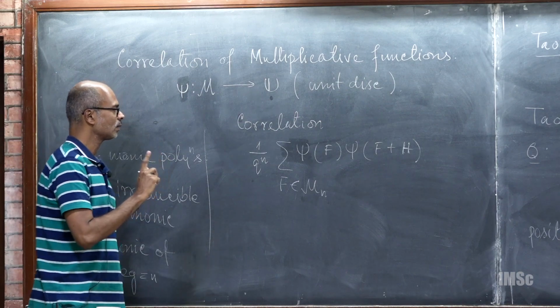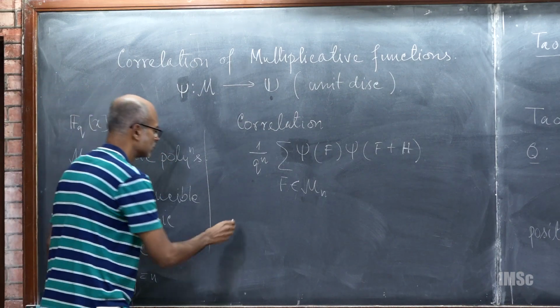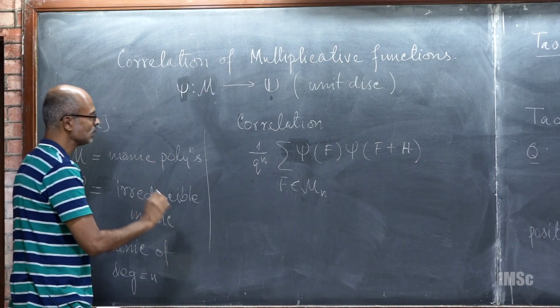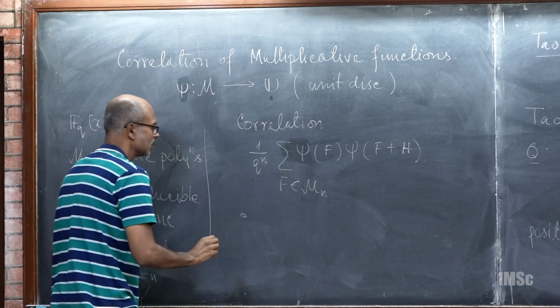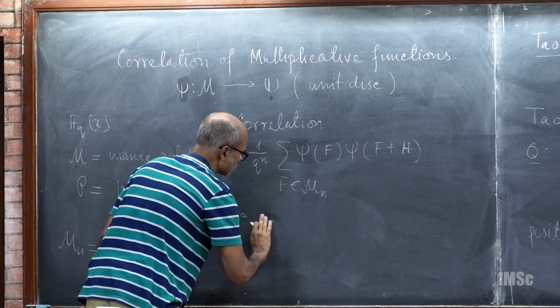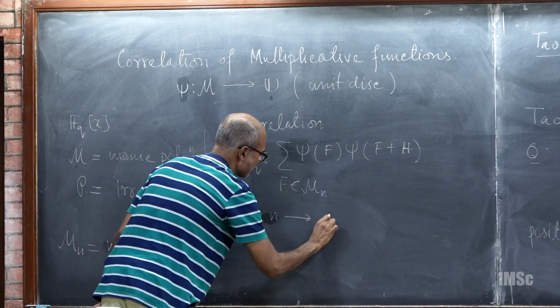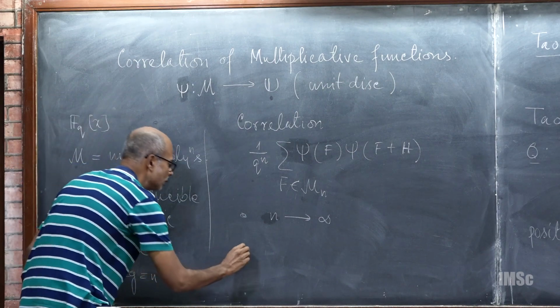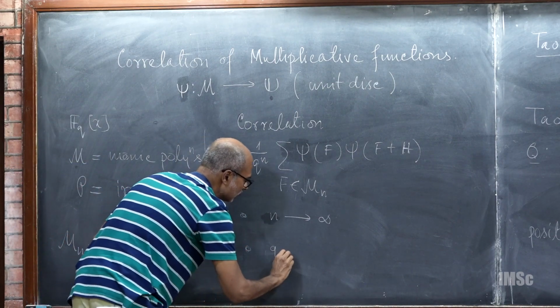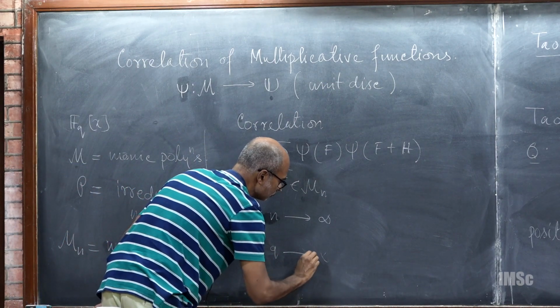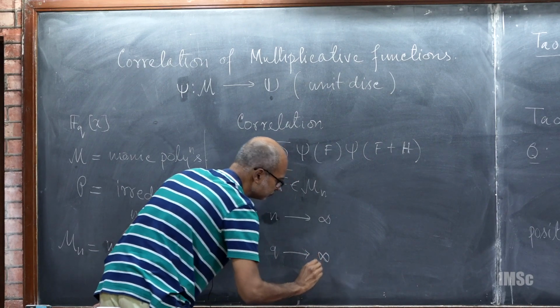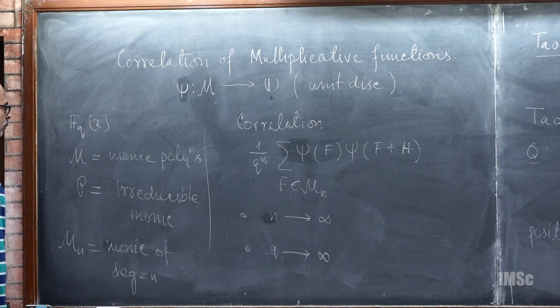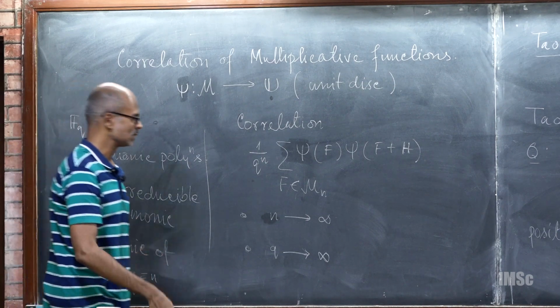So now two parameters come in where we can look at the limit. The first is n goes to infinity with q fixed, or we can look at q goes to infinity. They actually offer very different pictures, and very different methods as well.